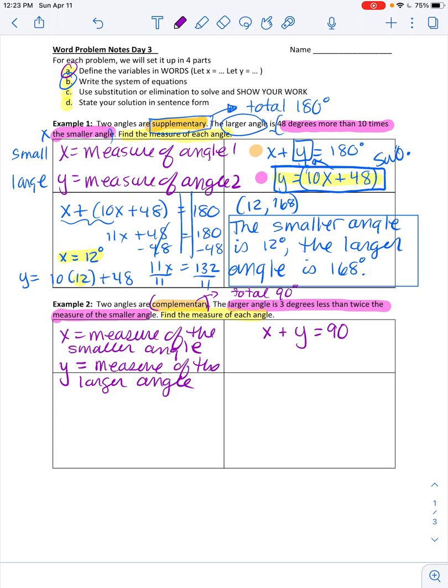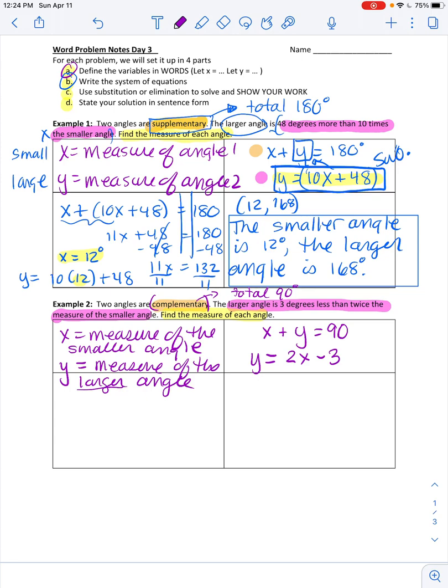Let's think about this. The second one starts off, the larger angle is. So since I'm letting y be the larger angle, that's the same as y equals. The larger angle is 3 degrees less than twice the measure of the small angle. So twice the measure of the small angle would look like that, and then 3 degrees less would look like that.